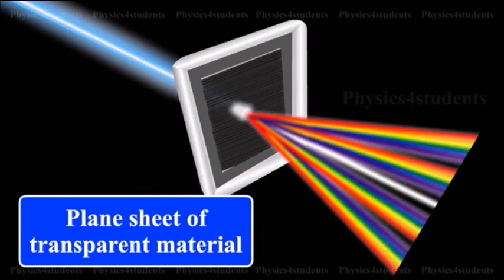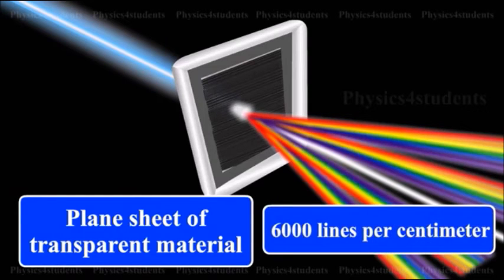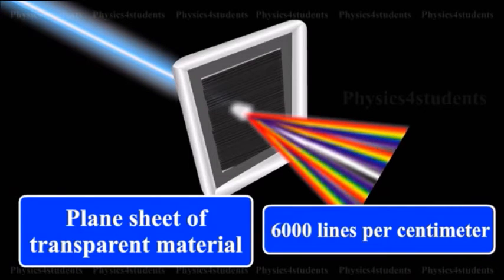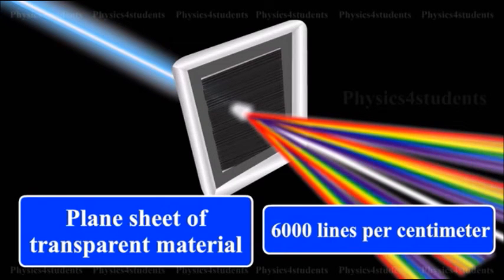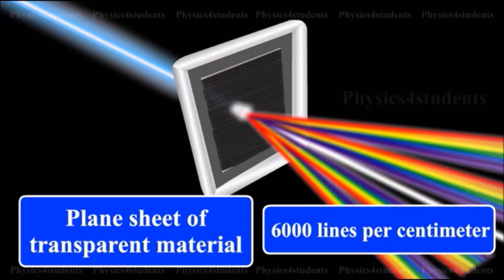The modern commercial form of grating contains about 6,000 lines per centimeter. The rulings act as obstacles having a definite width b, and the transparent space between the rulings acts as a slit of width a. The combined width of a ruling and a slit is called the grating element.